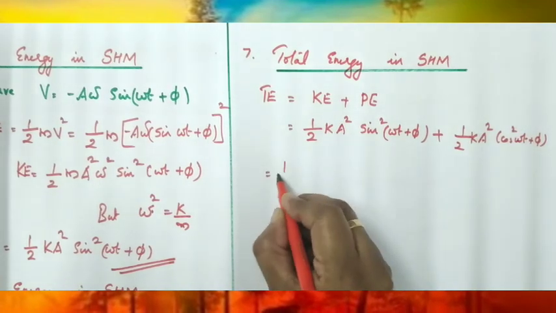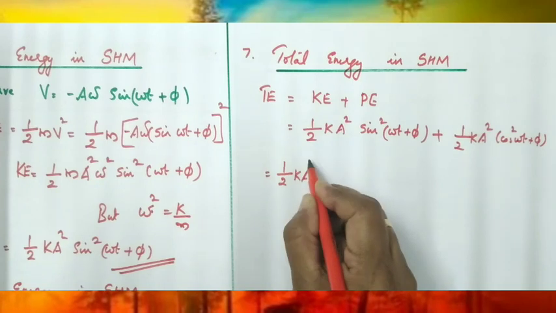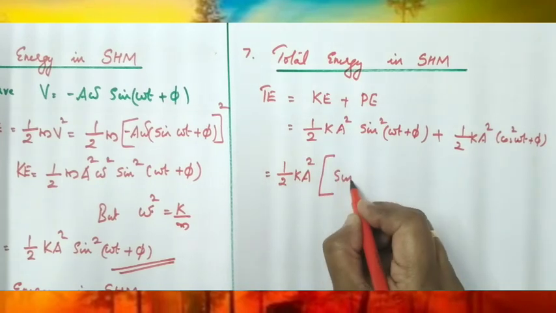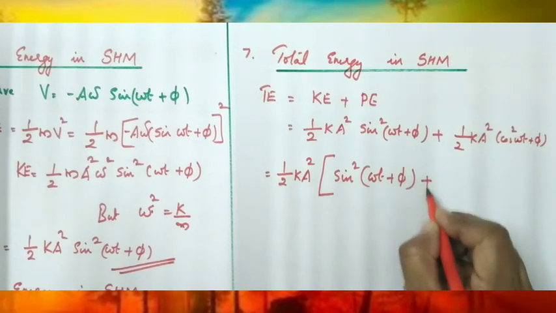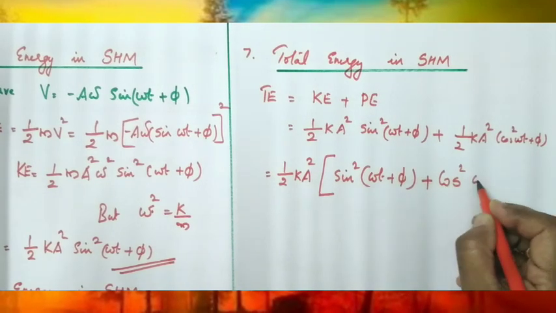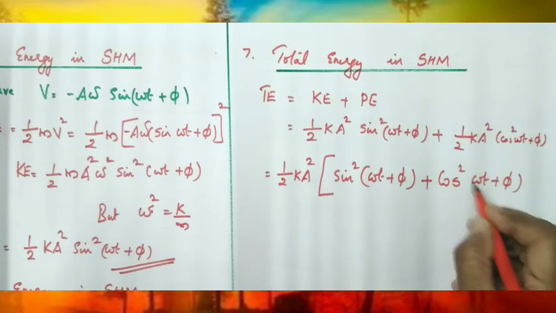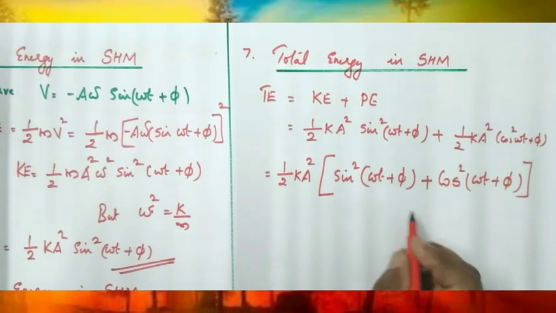Now half k a square is common, it can be taken outside, so it becomes sin square(omega t plus phi) plus cos square(omega t plus phi). We know sin square theta plus cos square theta is 1.